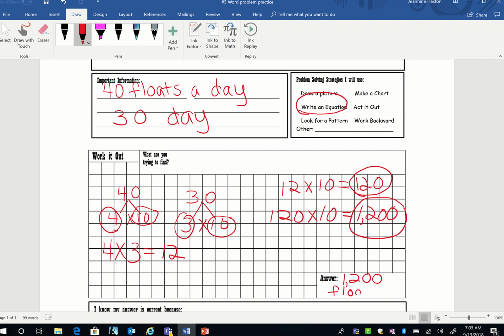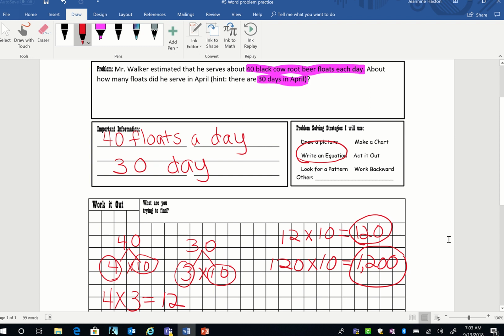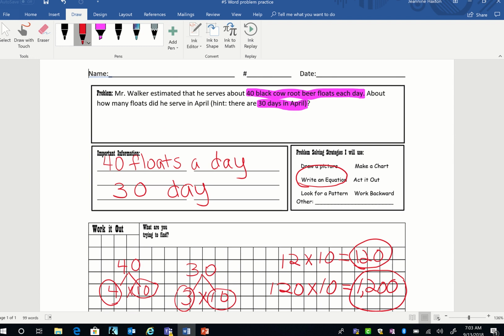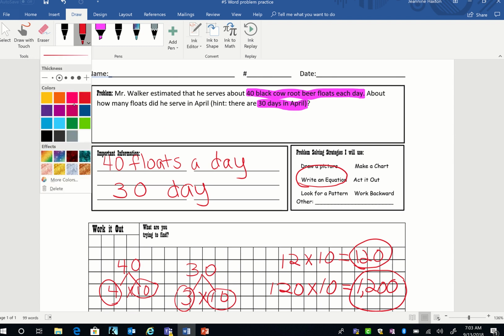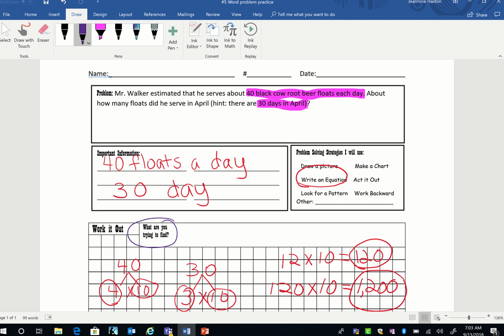So I'm going to say 1,200 floats right here. Now I notice I did forget something. Sometimes we do that. So I'm going to go back up here. I'm just going to change my color so that you can definitely see it up here. I didn't write, what are you trying to find? And so I'm looking back up here. It says, about how many floats did he serve in April?